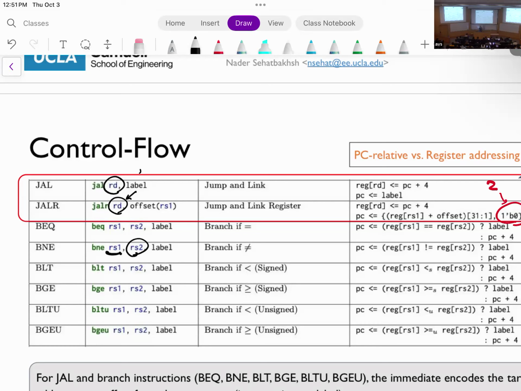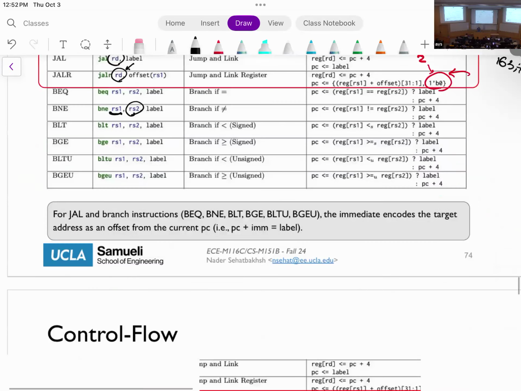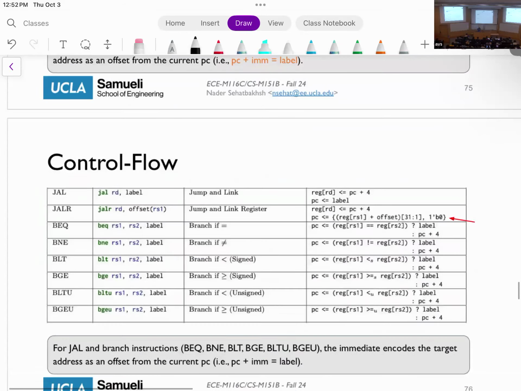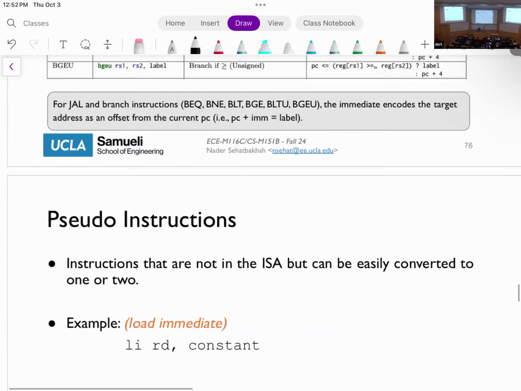You can provide the offset yourself, or you can provide the label, and the label will be translated into an offset. Regardless of where you jump to, you always link it to the next address. If you have more questions, we can answer them later.